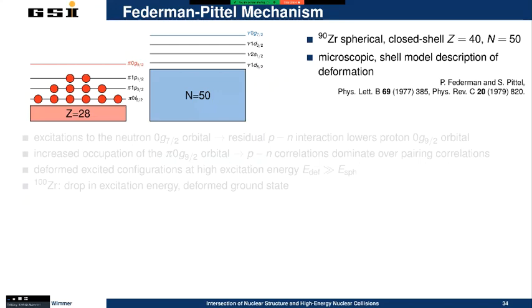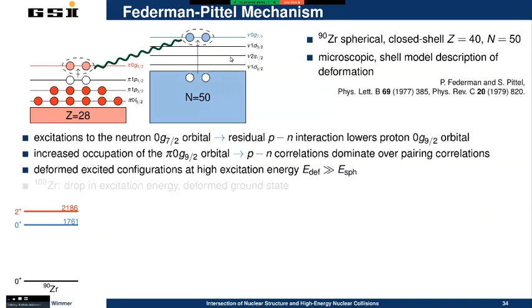There was already many years ago a very nice, elegant and simple explanation of this behavior in terms of the nuclear shell model. This description by Federman and Pittel assumes that you have zirconium-90 as a spherically closed shell nucleus. So all the neutrons fill up the shell below neutron number 50, and the valence space for the neutrons is completely empty.